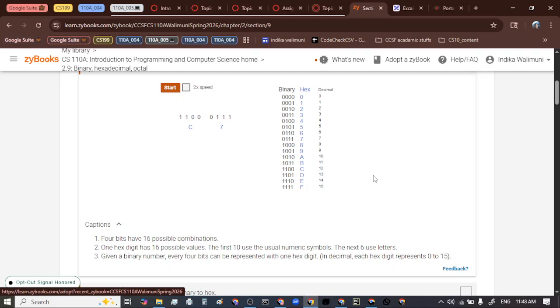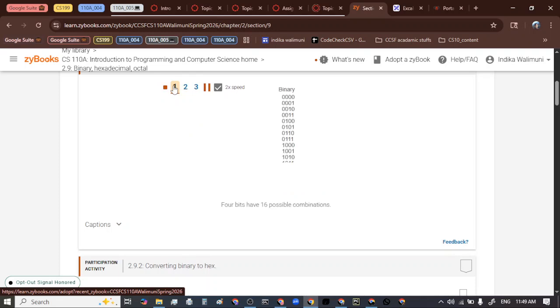Got my point? So to represent binary in hex, you need groups of 4, and then here's how you do it actually. Just play this animation so we actually grasp that, okay, all right.